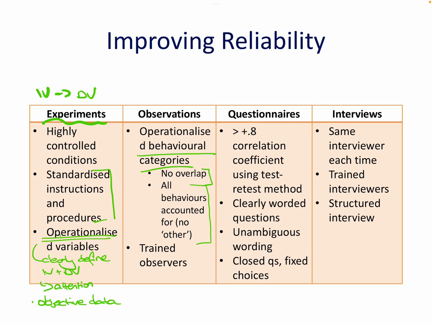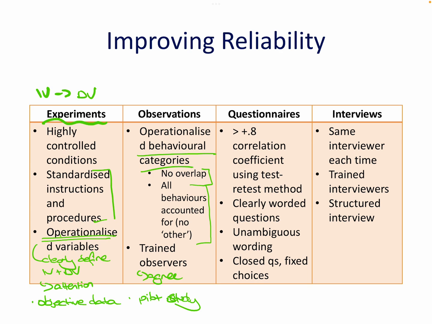Otherwise, again, that could lead to some behaviors being missed, some behaviors being recorded incorrectly, and so on. And we want to train our observers. We want to make sure that they agree on those behavioral categories even before we begin our observation. Here we might want to do a pilot study to check that those behavioral categories are going to be sufficient for our observation.